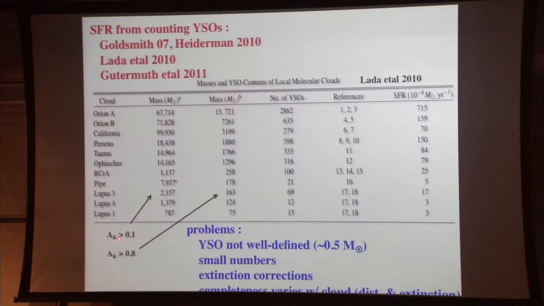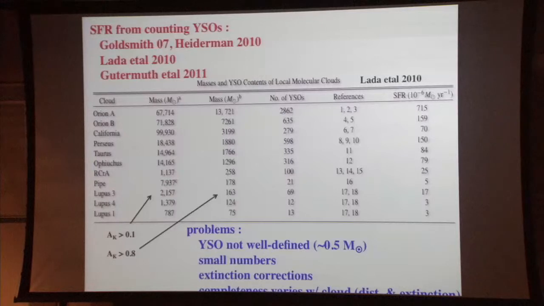This is the mass at extinctions greater than 1/10 of a magnitude at K band. Here is the mass determined from the column density of dust at K band extinctions 8 times greater. So obviously it's going to be less. And then the number of YSOs listed over here and the derived star formation rate.